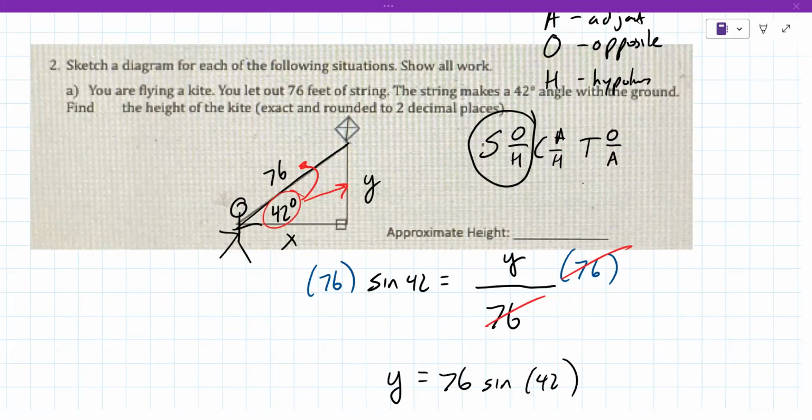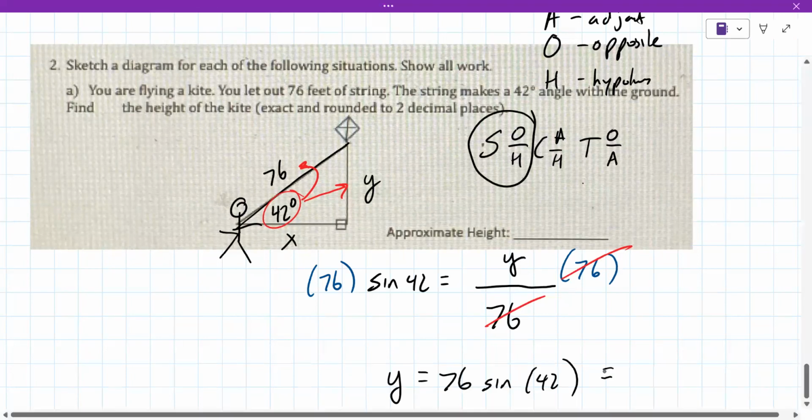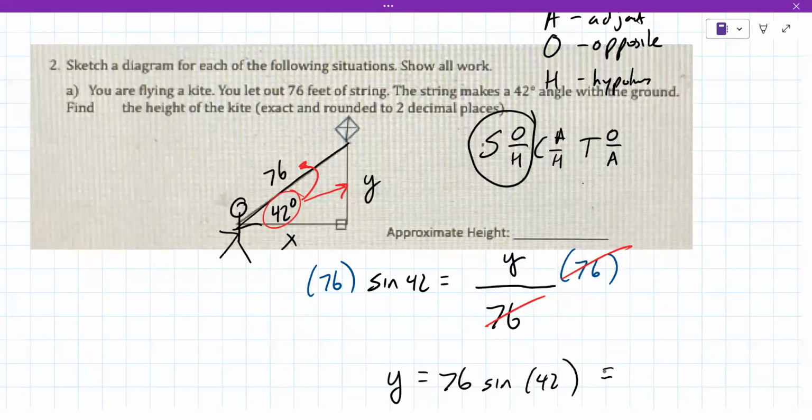Okay, so 76 times sine 42. Round to two decimal places. Oops, wait a second, I put it in the wrong order. 76 sine 42. Sorry, what did you say to round it by?